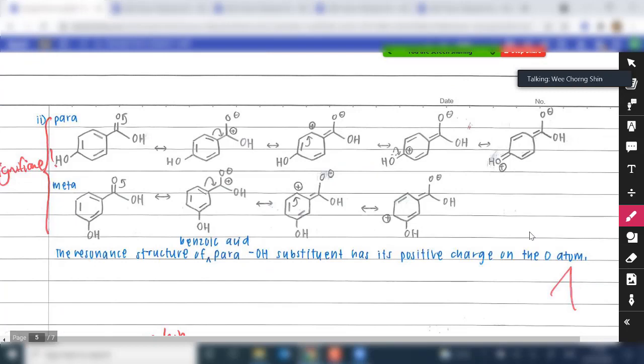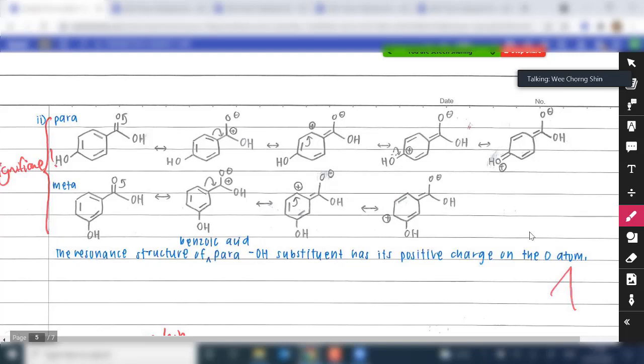We're all learning, so let's not laugh at our seniors. But let's ask ourselves one question. When you draw the resonance structures, what are you trying to showcase? If you can answer that, then draw. If you cannot answer that, don't draw. As simple as that.